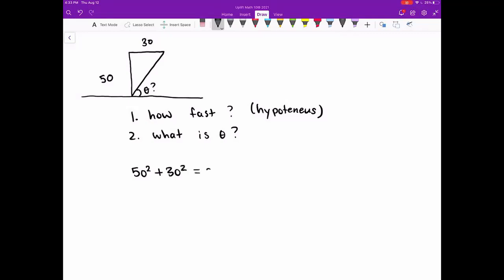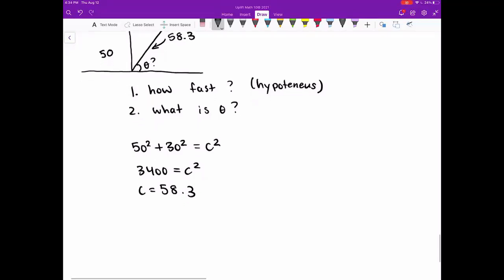So 50 squared plus 30 squared gives you the hypotenuse squared. We figure it out and get roughly 58.331 kilometers per hour. I got the same. So that is how fast we're going.